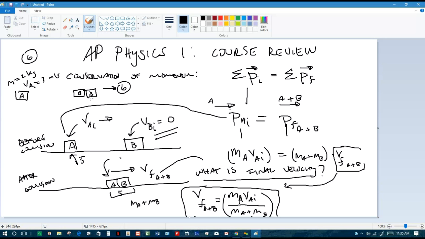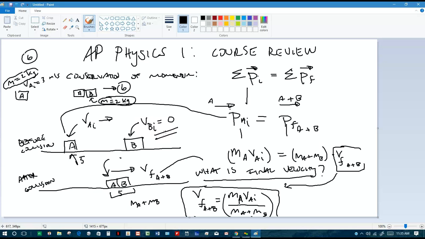If object B here has a mass of, let's say the same, 2 kilograms, then the total mass is doubling. It's going from a moving object that has 2 kilograms to a moving object that now has 2 plus 2, which is 4 kilograms, right? And so the mass is doubling, and therefore the velocity is going to drop. In fact, it should be half, right?